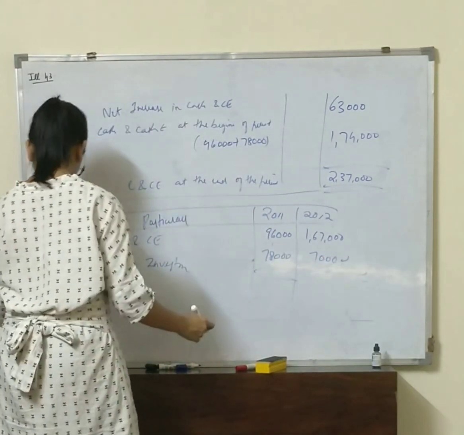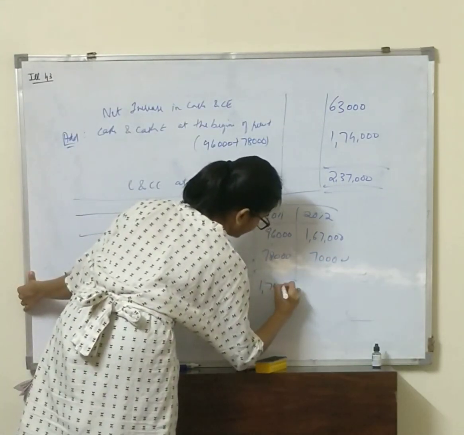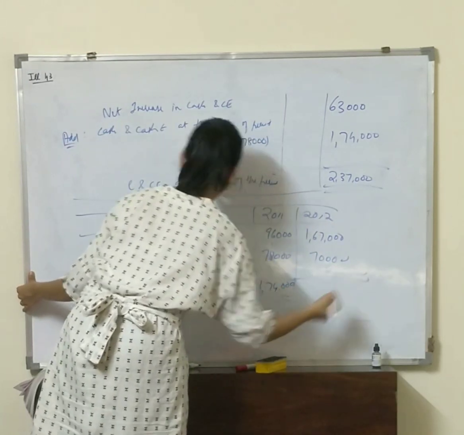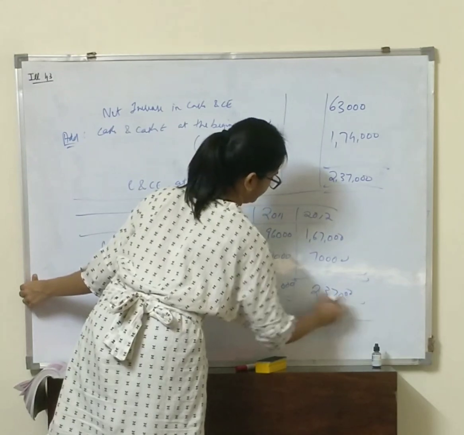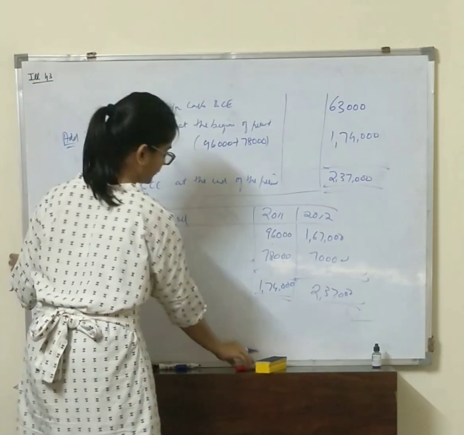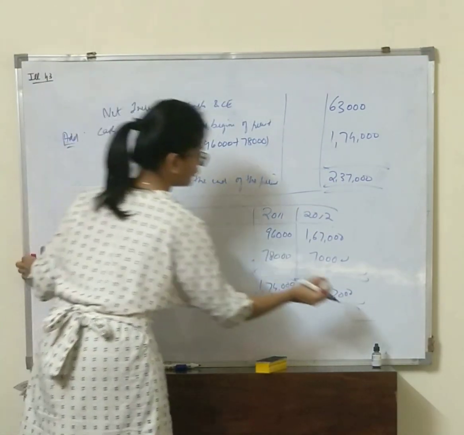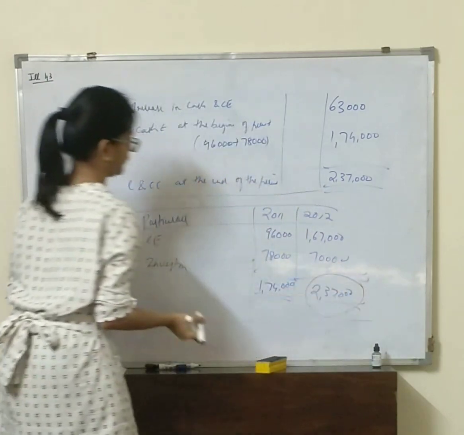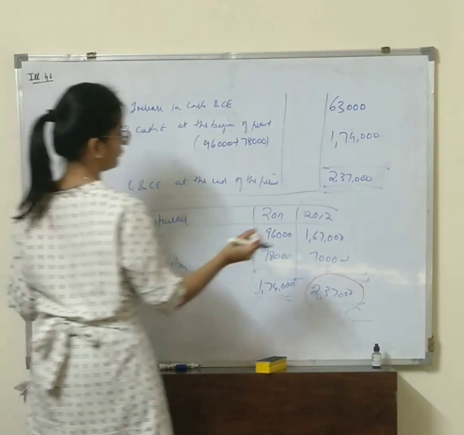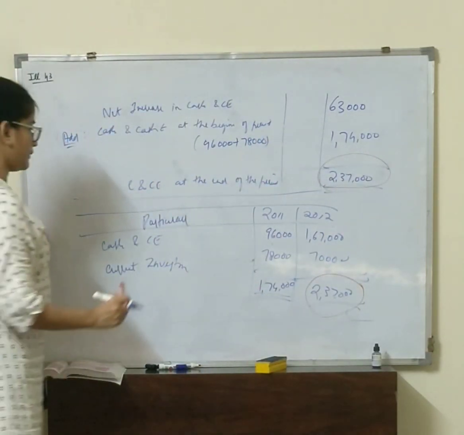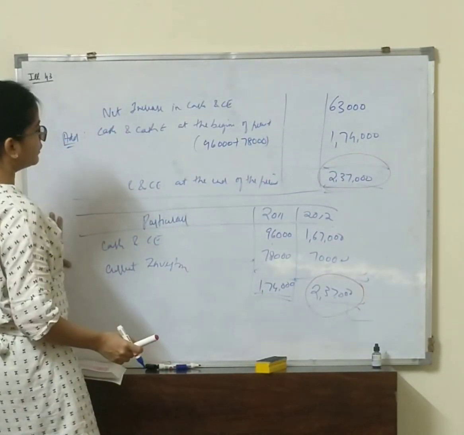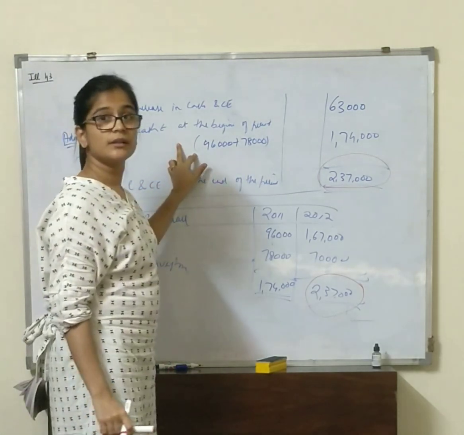So for 2011, the total will be 1,74,000, and for 2012 it is 2,37,000. You can see the total. Even in our working note, we got the closing balance as 2,37,000, and even in our cash flow, we got the end of the period as 2,37,000. If you don't wish to do the working note, you can just show it in the bracket as well.